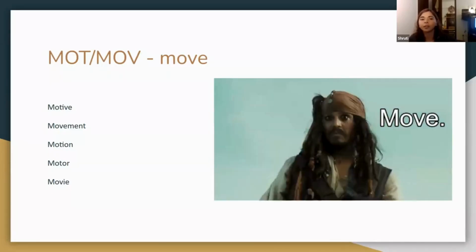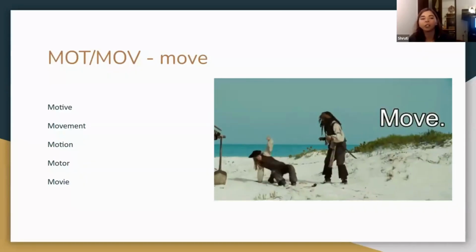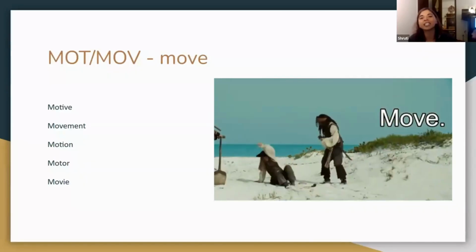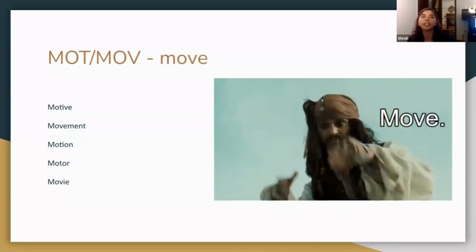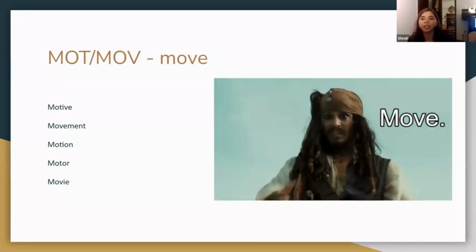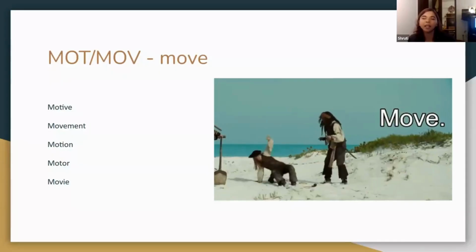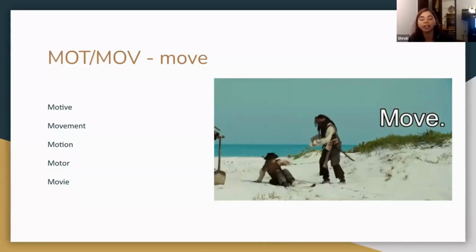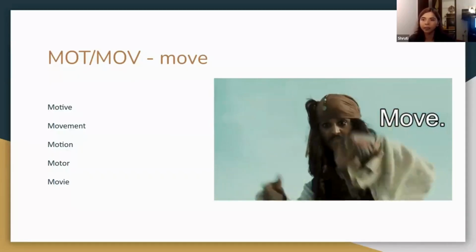What you're trying to say is what makes you get up in the morning and do things. So in that sense, you're talking about moving. Here we are not talking about direct moving, but moving on another level. This is one thing we have to keep ourselves open to, that roots can sometimes have that kind of derivation as well. I hope this is clear.